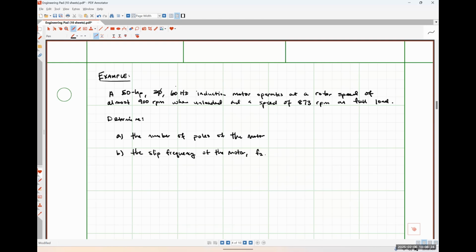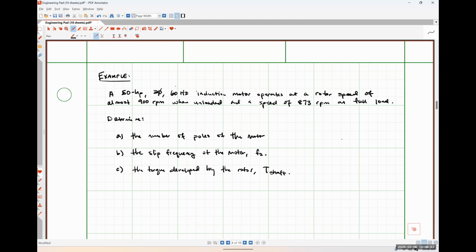So I'm just going to call that F2. And then lastly, C, the torque developed by the rotor. And I'm going to call that T shaft.